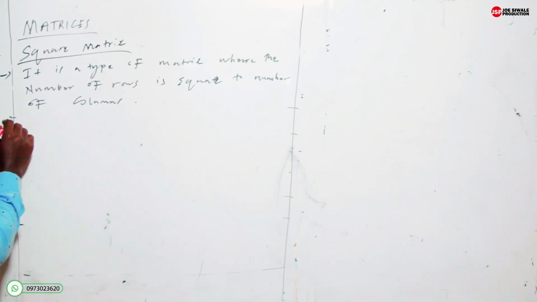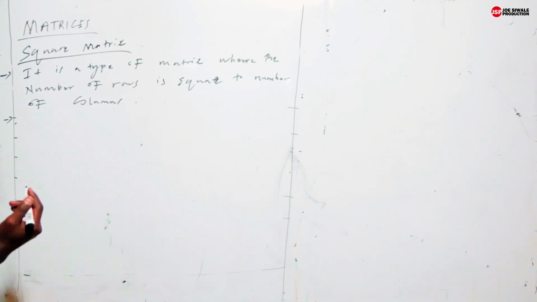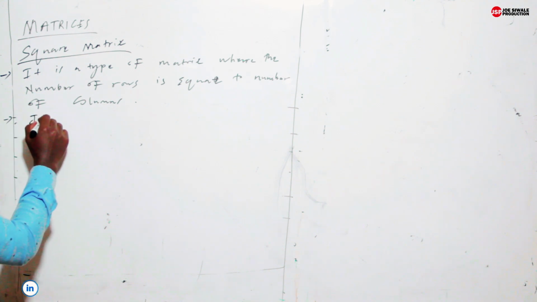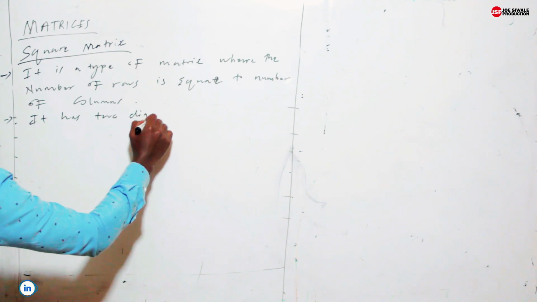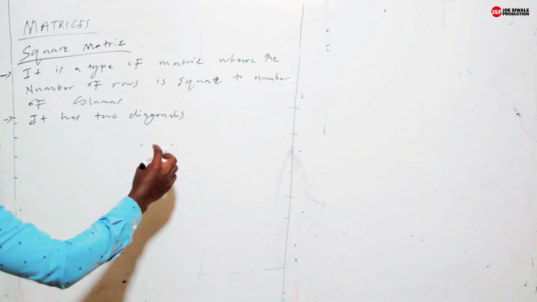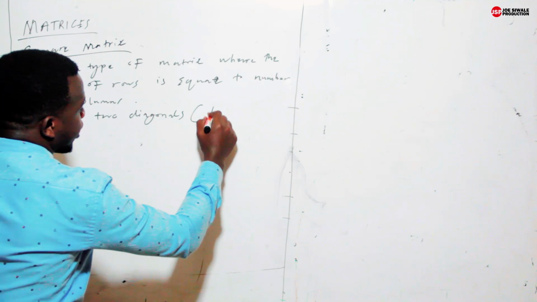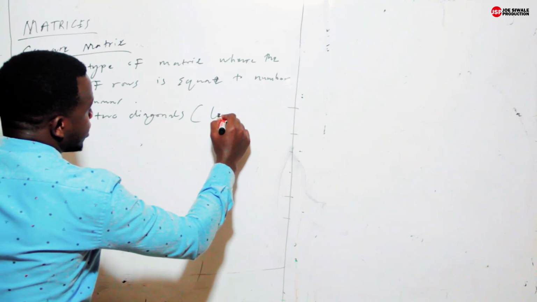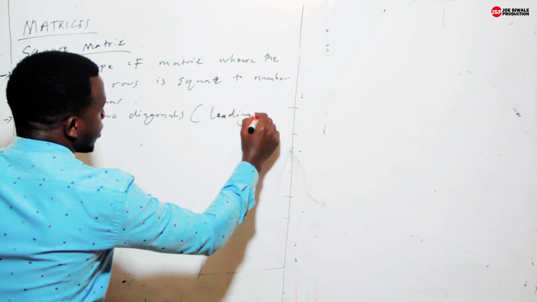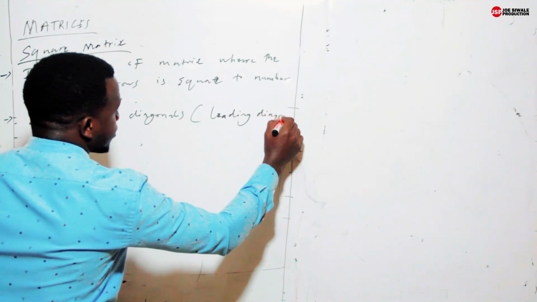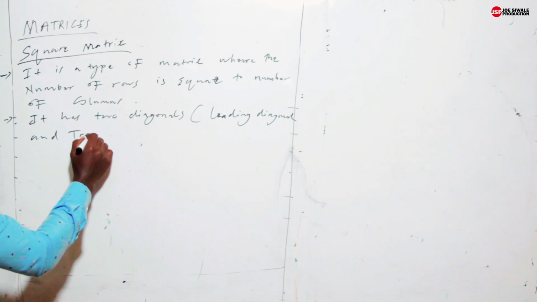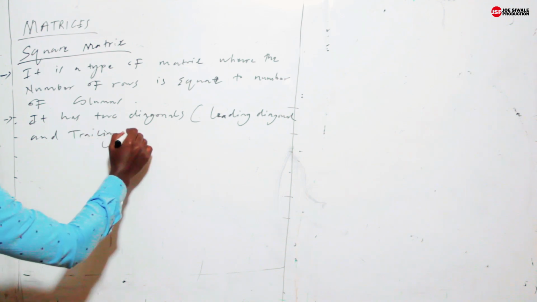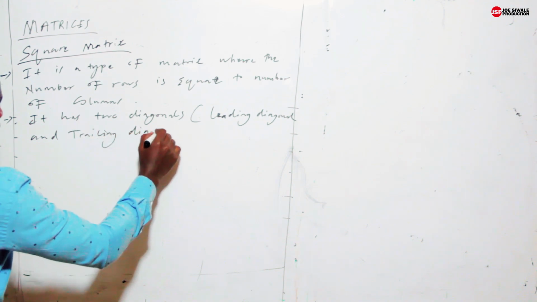And the square matrix has 2 diagonals. In these 2 diagonals, we have the leading diagonal and the trailing diagonal.